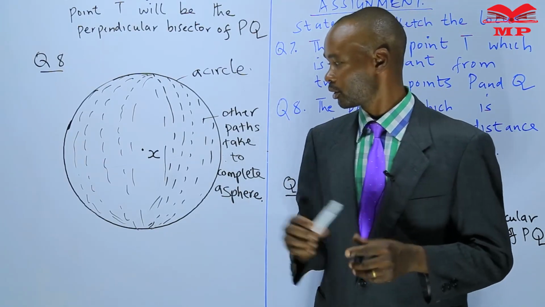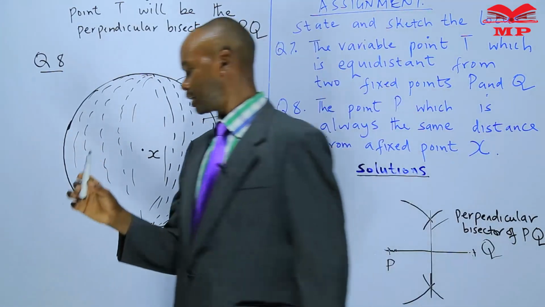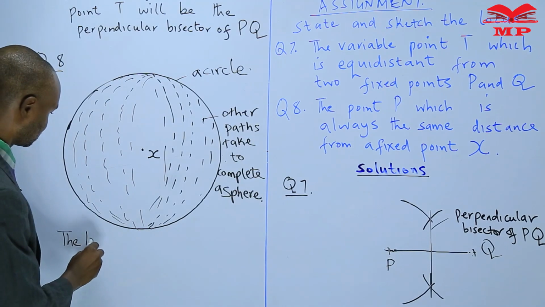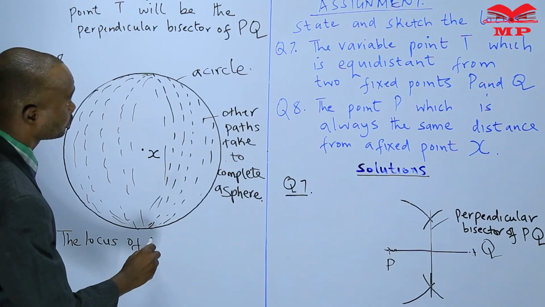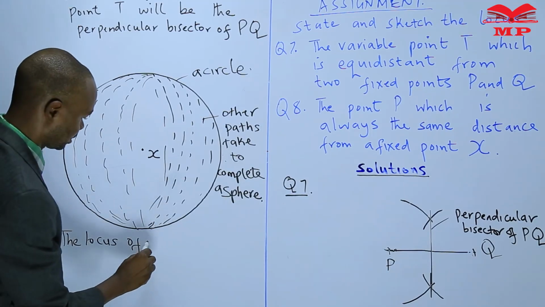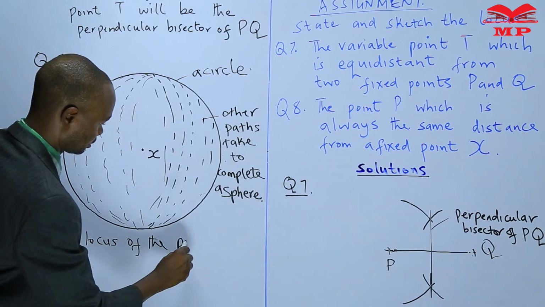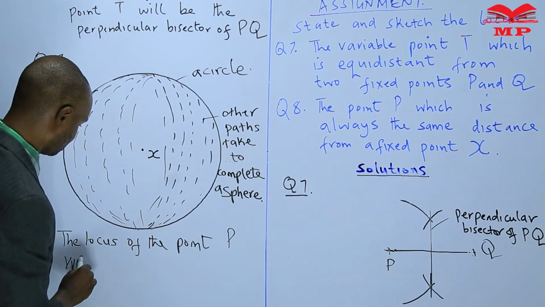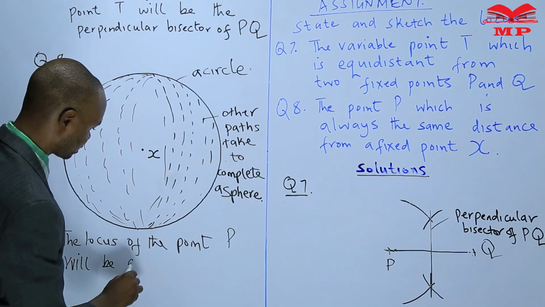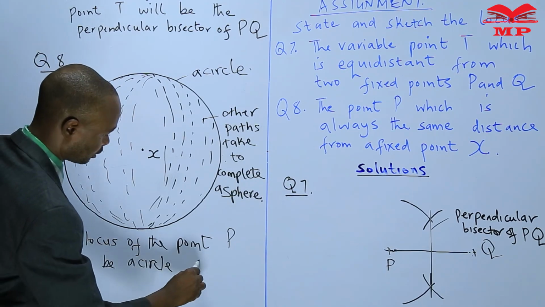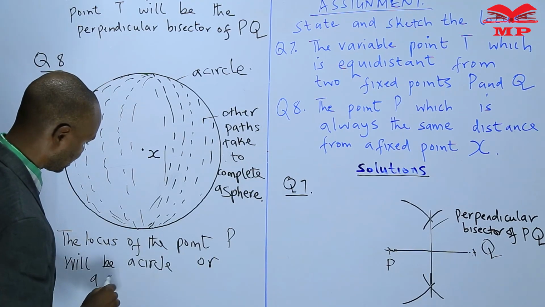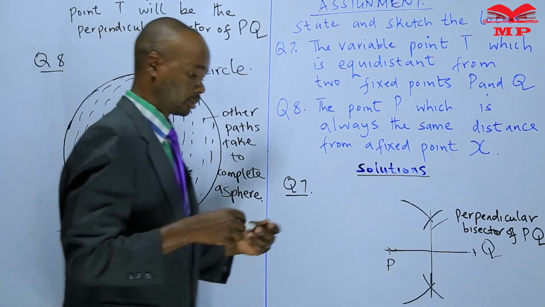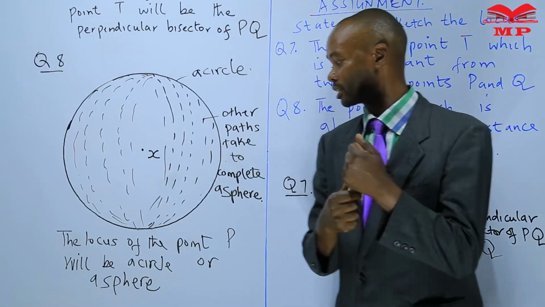So the answer to that, you'll come and write the locus of the point P: it will be a circle or a sphere.